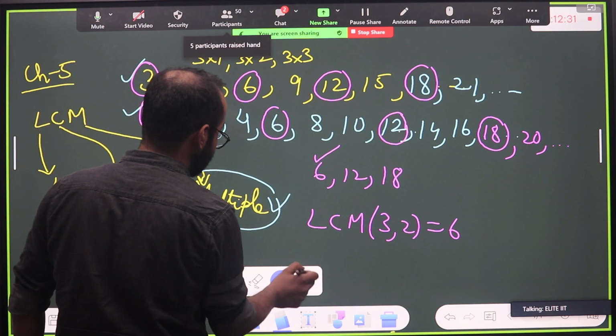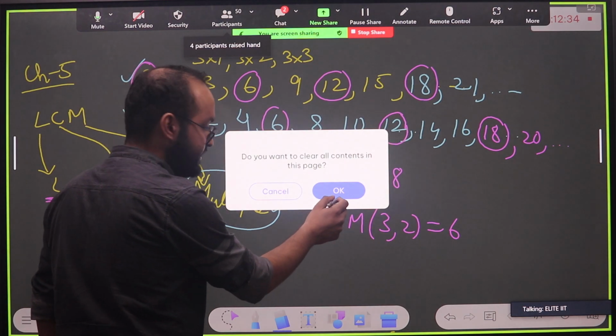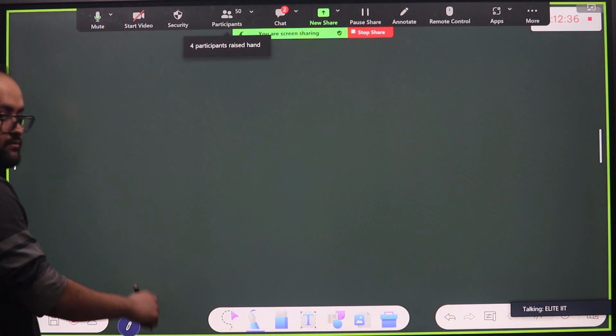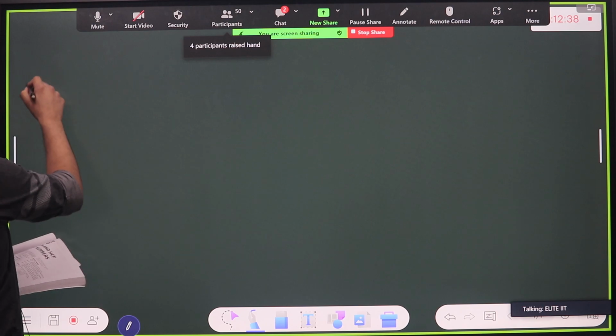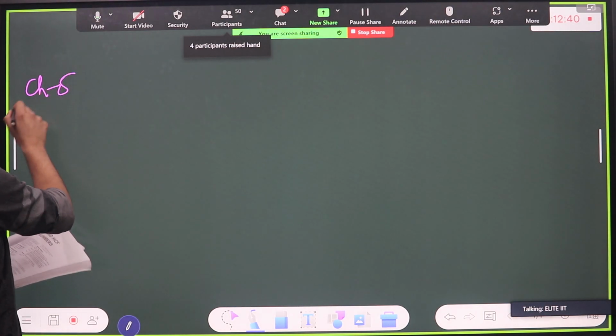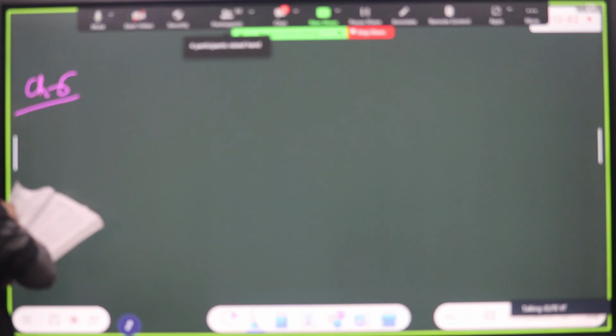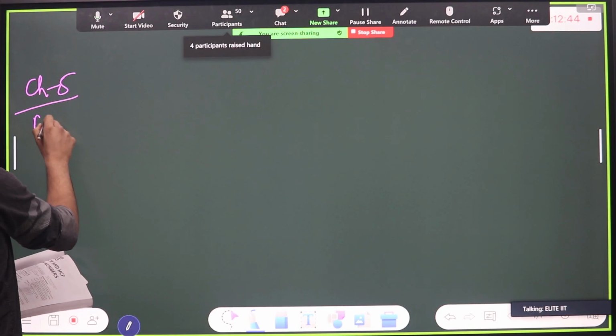I'm erasing the board. There are 2 methods of finding the LCM. We are at chapter number 5, page number 33.